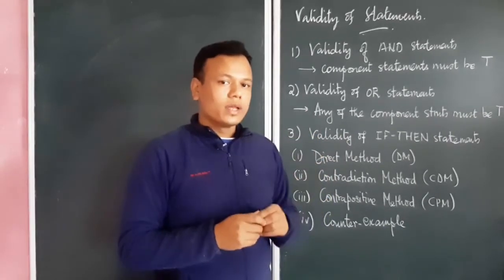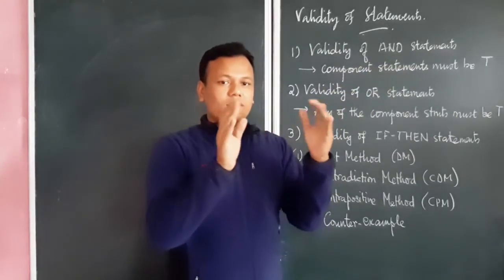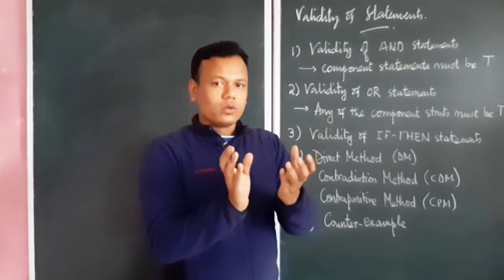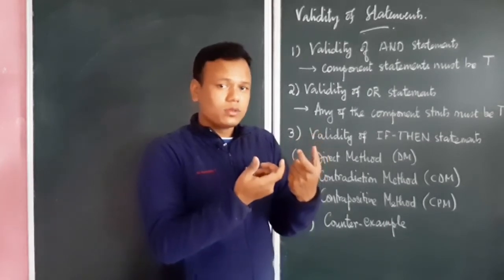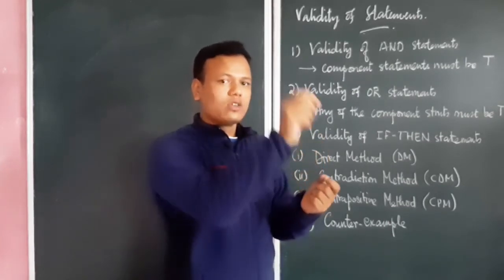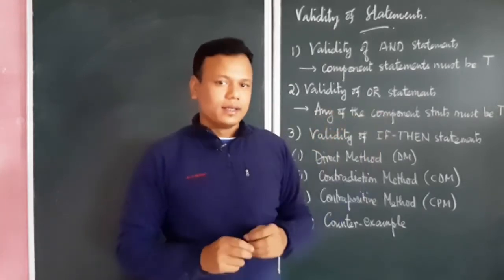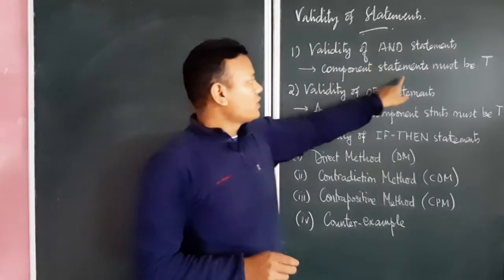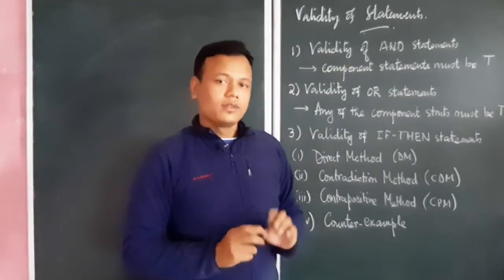For the overall statement to be true, both component statements must be true, because only if P and Q are T and T, then P and Q will be T.